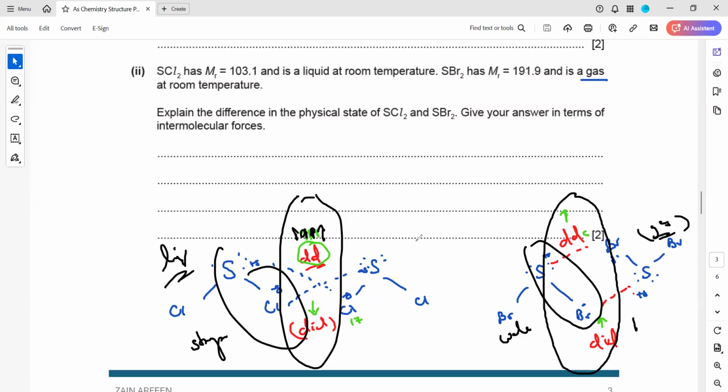In SBr2, weaker permanent dipole and stronger dipole-induced dipole. And the sum of the two forces in SCl2 is greater than in SBr2. That's why it has a high melting or boiling point, and it is liquid at room temperature whereas the other is a gas.